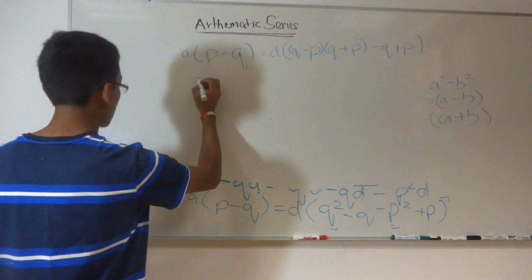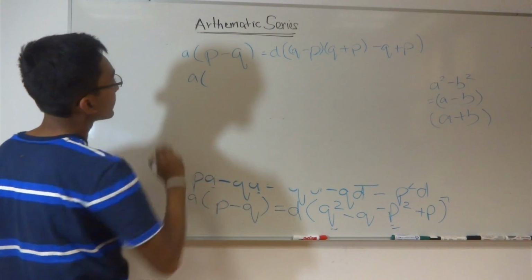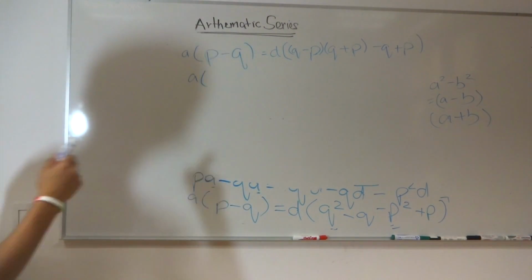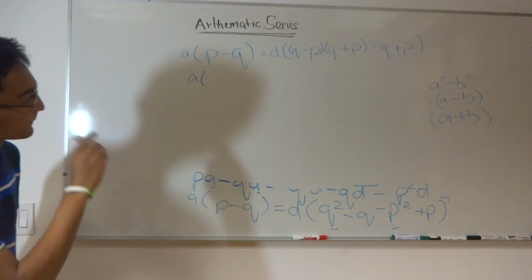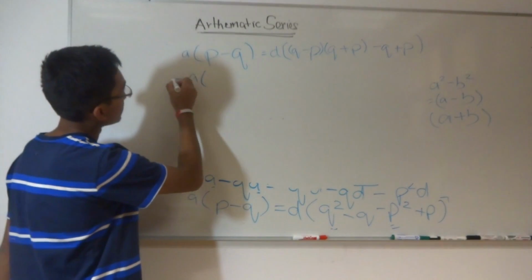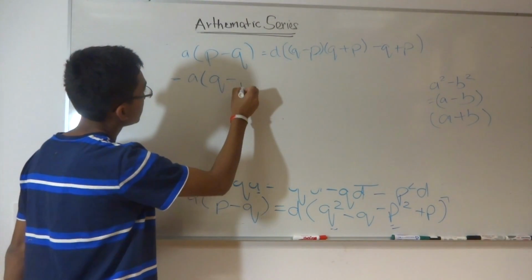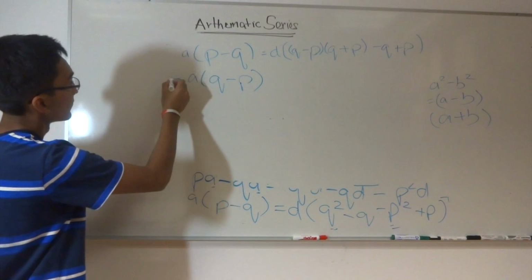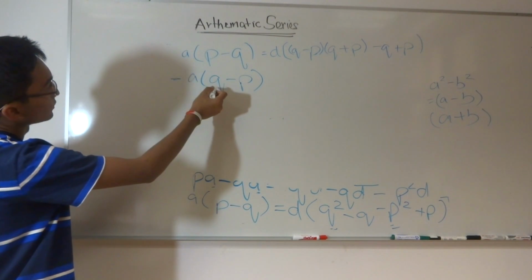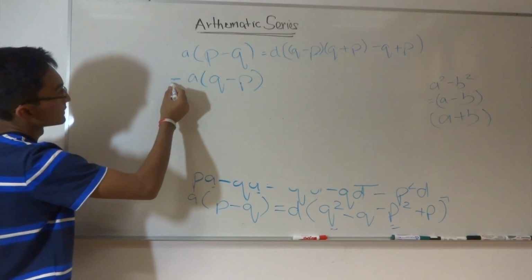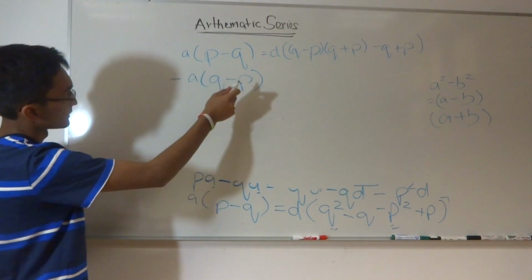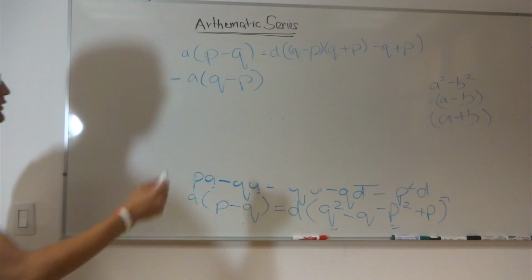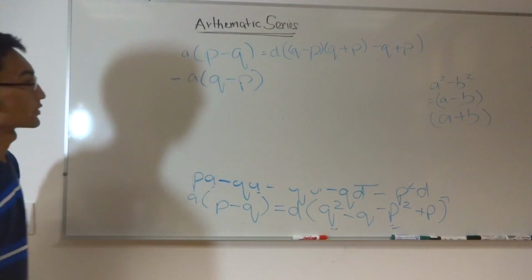So, a times. Now, if I wanted a q minus p here so that I could cancel that out, I'd probably want to make this negative so that I have q minus p, because minus a times q would give me minus q, minus a times minus p would give me plus ap. So minus plus, and you land up at the original expression.